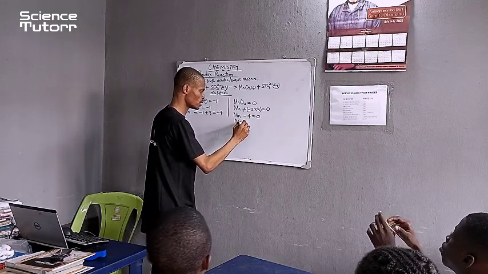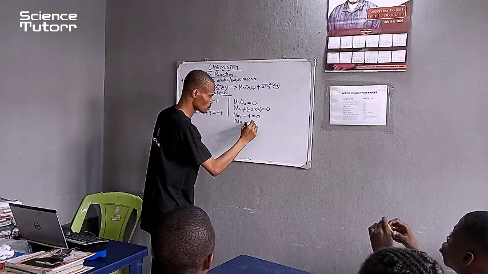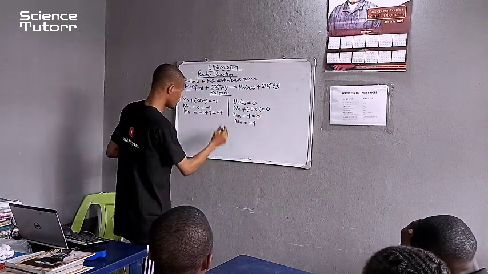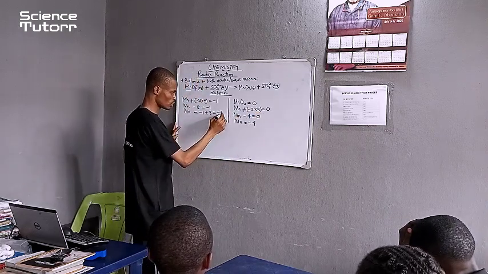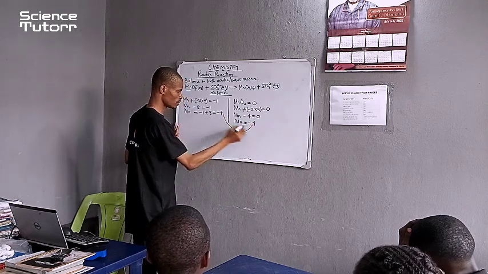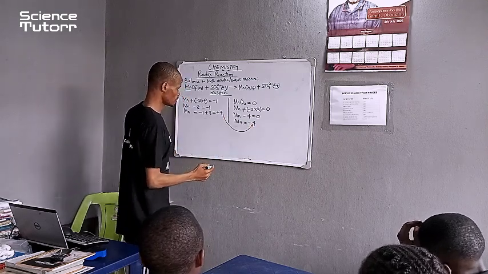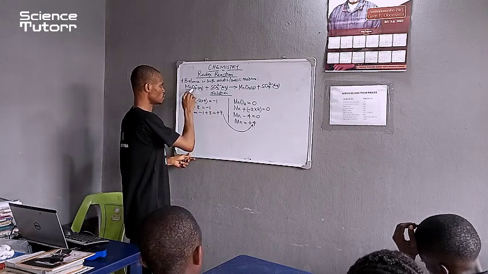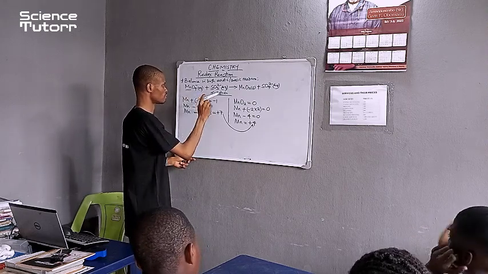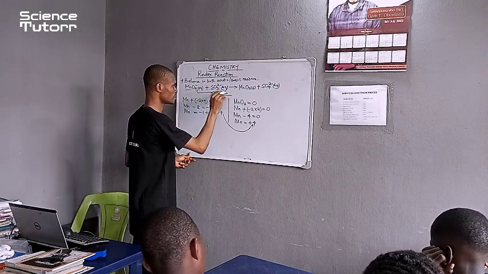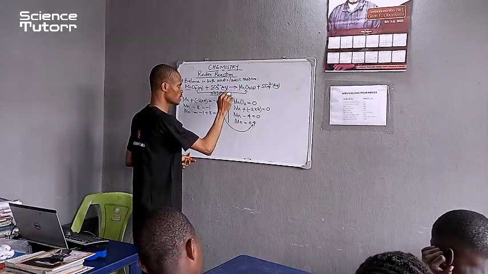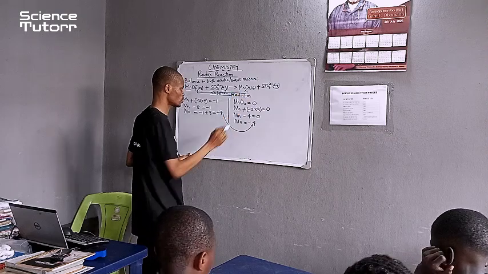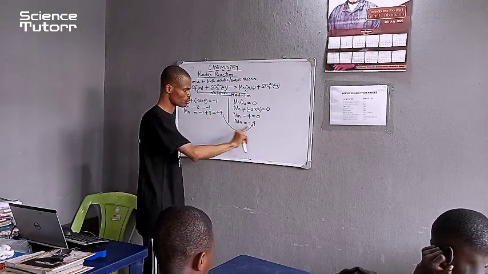That makes Mn equal to plus 4. At the end of the day, notice the change. What has happened? It reduced, right? So what comes to your mind? Reduction has taken place. Is it not? So from here, the process is reduction because there is a drop in the oxidation state from +7 to +4.